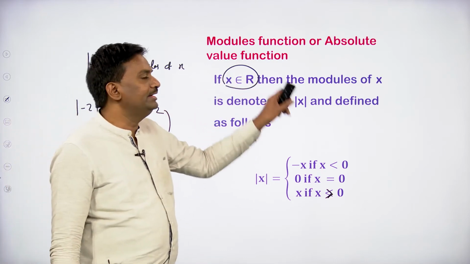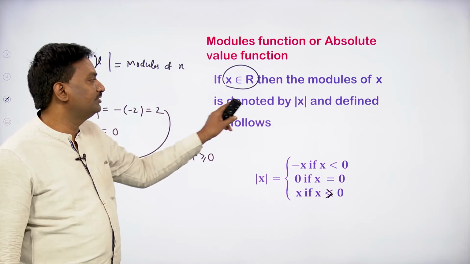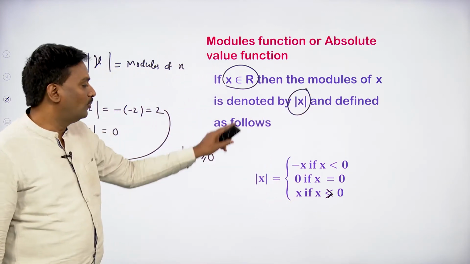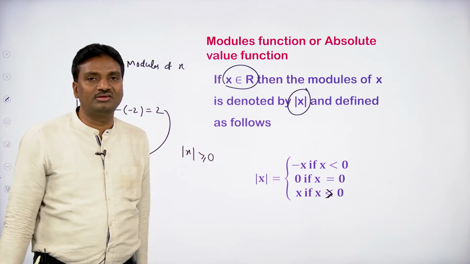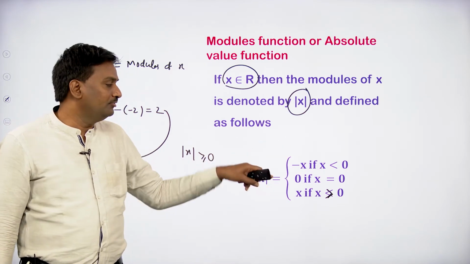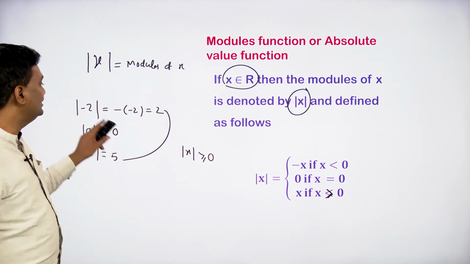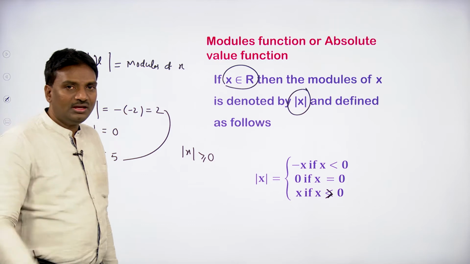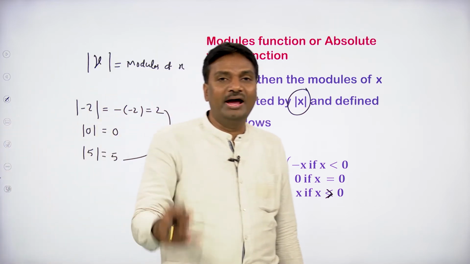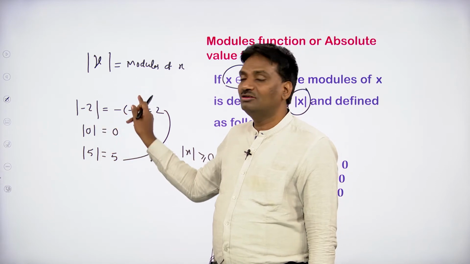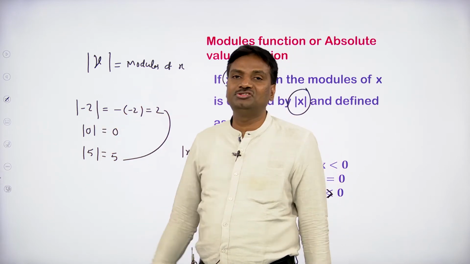So if x is any real number, then the modulus of x is denoted like this and defined as follows. Modulus of x equals minus x if x is less than 0, equals 0 if x equals 0, equals x if x is greater than 0. In place of x, if you take any negative real number, say minus 0.8, modulus of minus 0.8 is minus of minus 0.8, again you will get plus 0.8.